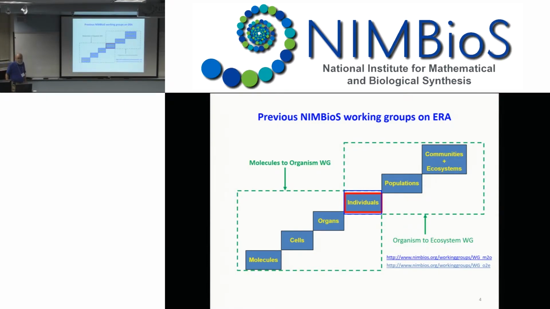This workshop takes place against the background of a previous Nimbus investigative workshop on a similar topic, but also on 2 previous Nimbus working groups, smaller working groups that aimed to transcend the levels of organization. One which was led by Cheryl Murphy, who, if you haven't met her, is sitting in the back row here, and myself focused on the suborganismal processes, and Angie was also a member of that group, and Phil, who's hiding in the corner there, was also a member of that group.